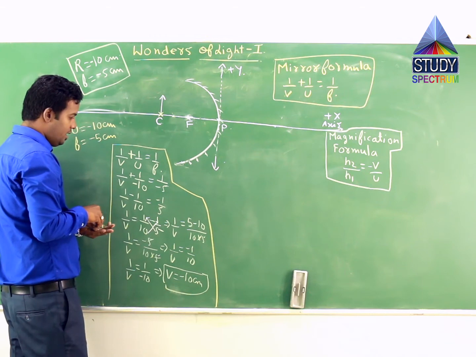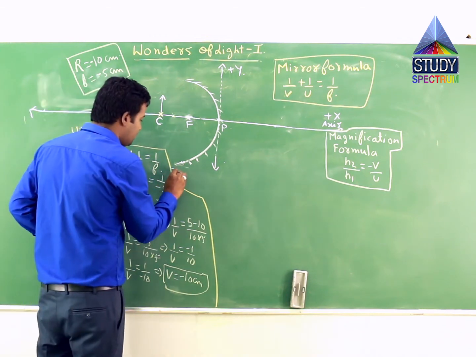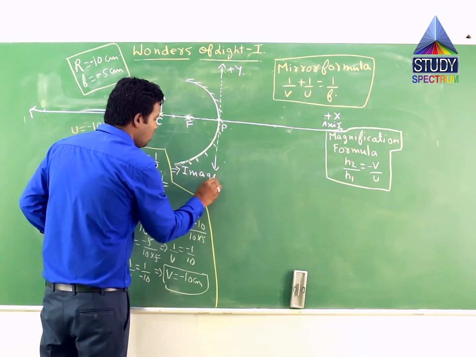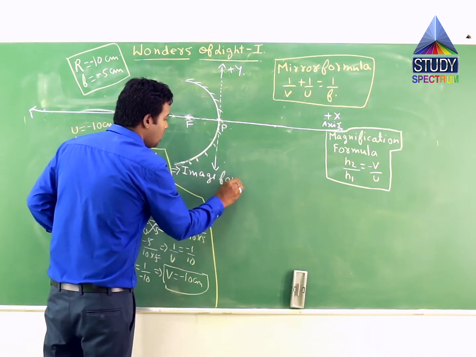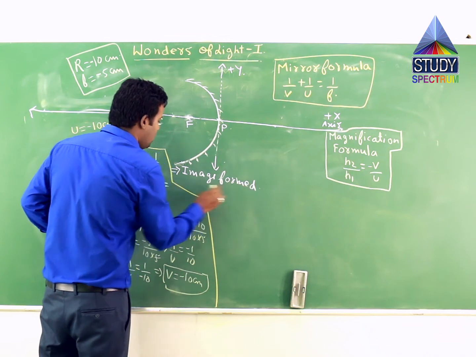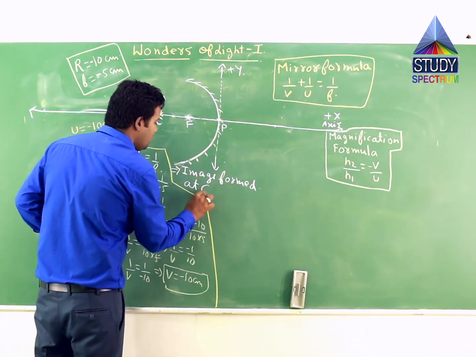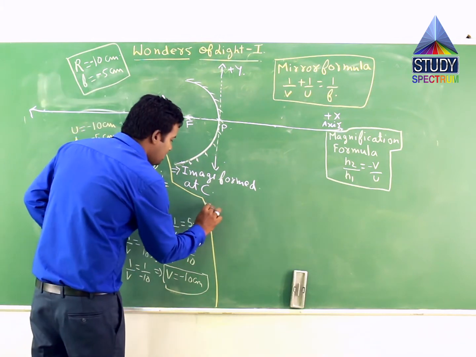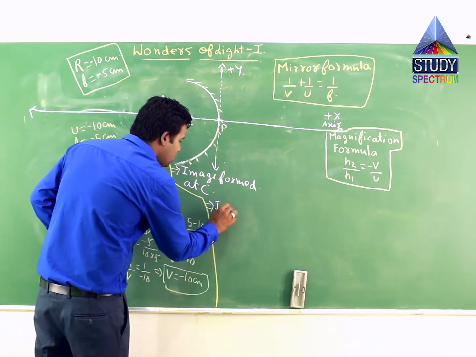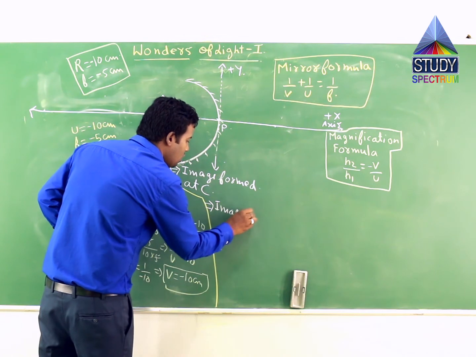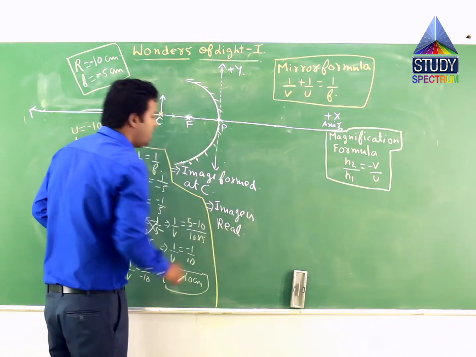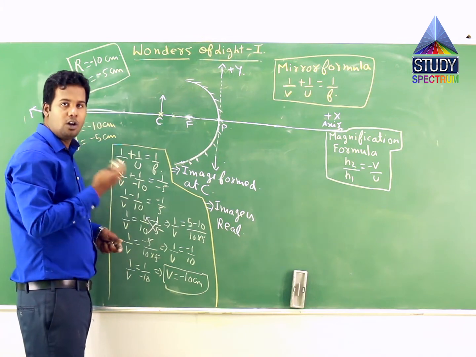The first result is image formed at C, that is center of curvature. The second result is image is real. Why real? Because it has been formed in front of the mirror.